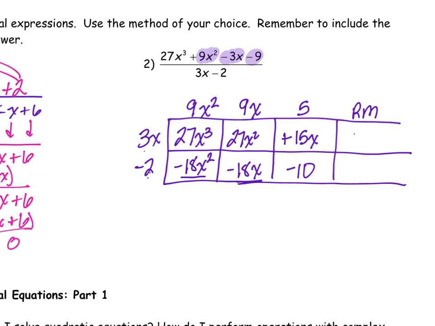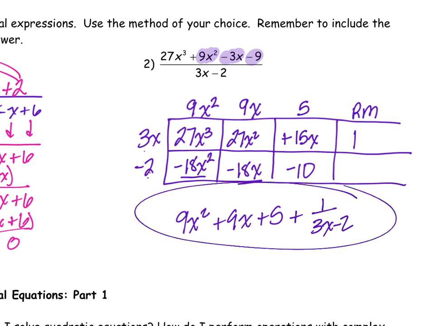I think that's plus 1. So my answer should be 9x squared plus 9x plus 5, plus 1 divided by 3x minus 2.